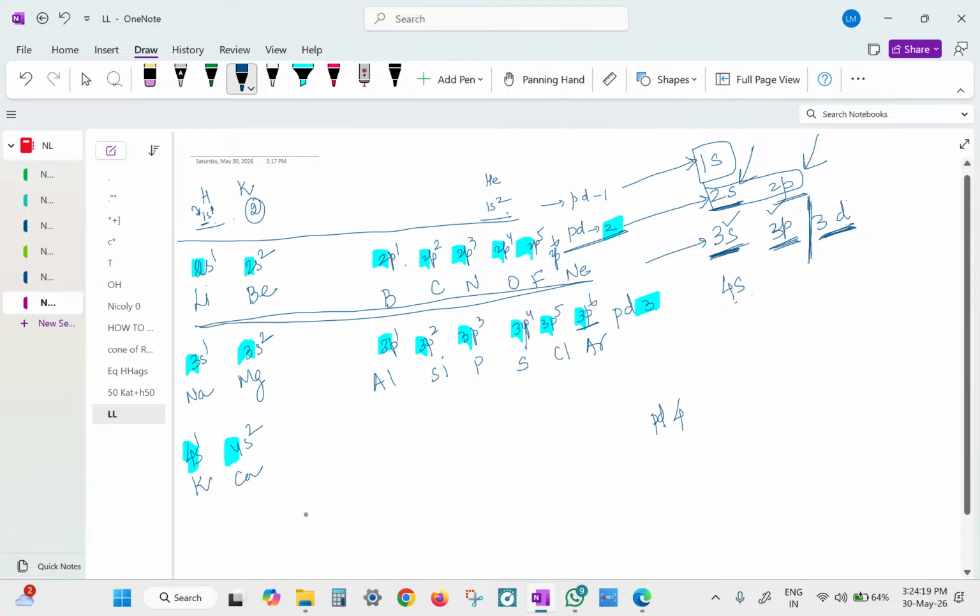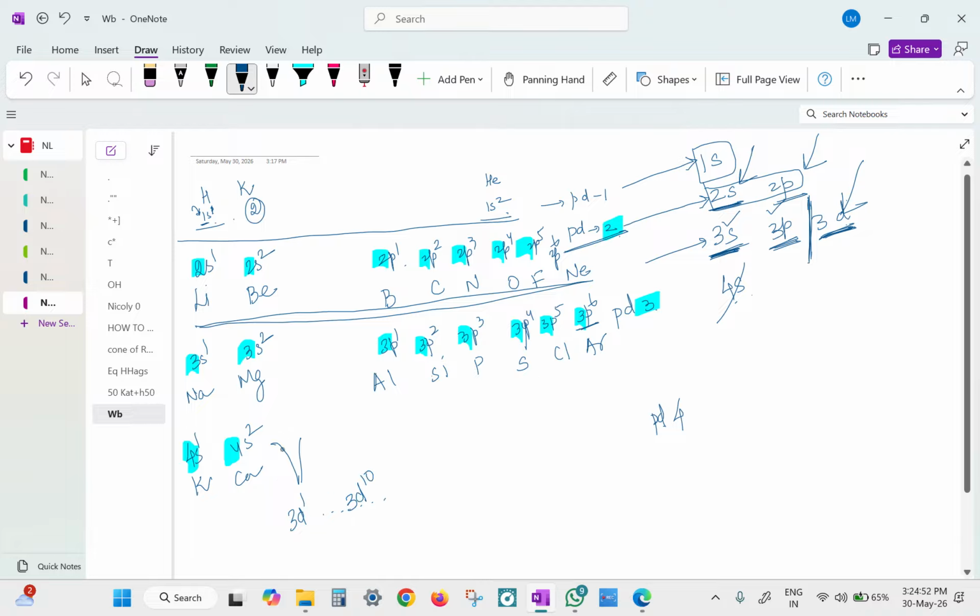But there is something happening in between. After 4s, we fill the electrons where? 3d, very good. And how many electrons can enter into the 3d? 10. So there should be in between 3d1, 3d2, 3d3, 3d4, 3d5, 3d6, 3d7, 3d8, 3d9, and 3d10.